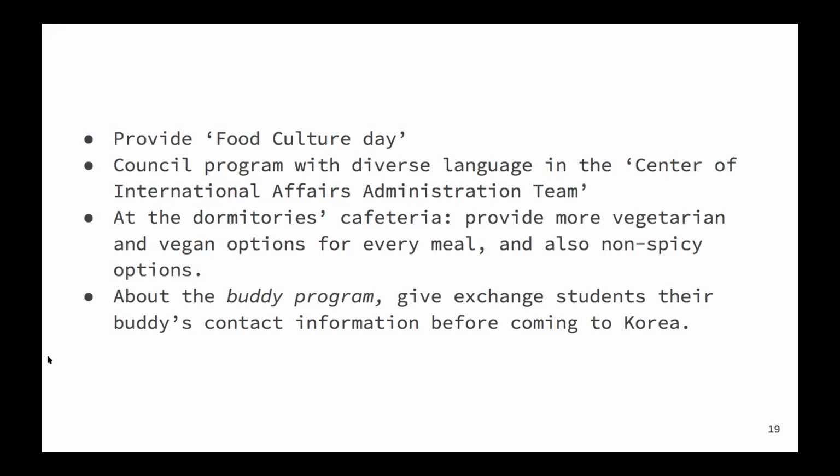Every exchange student is assigned a Korean student to help with paperwork or just adapting to culture and even being their friend. So about this program, give exchange students the buddy's contact information before coming to Korea, because that way, if they have any questions, they can ask their buddy before flying to the country.